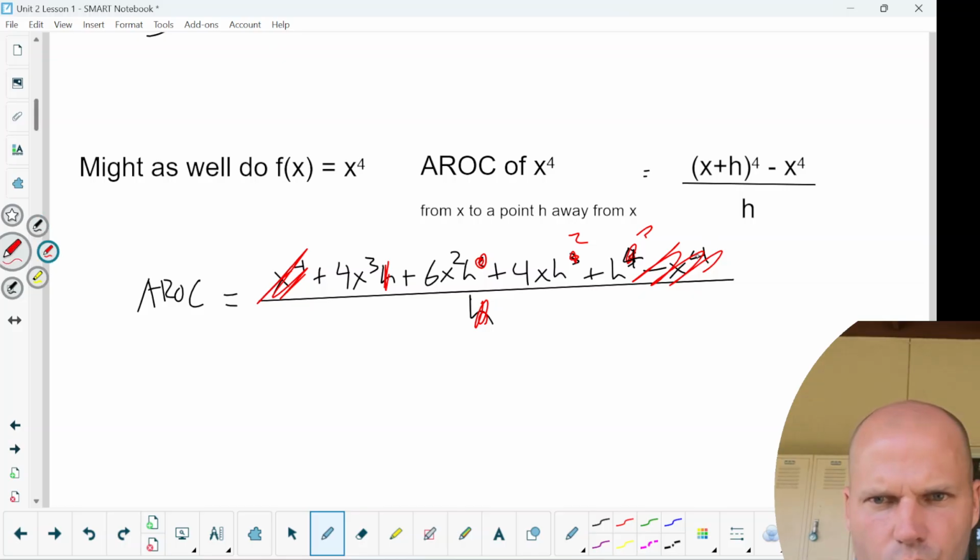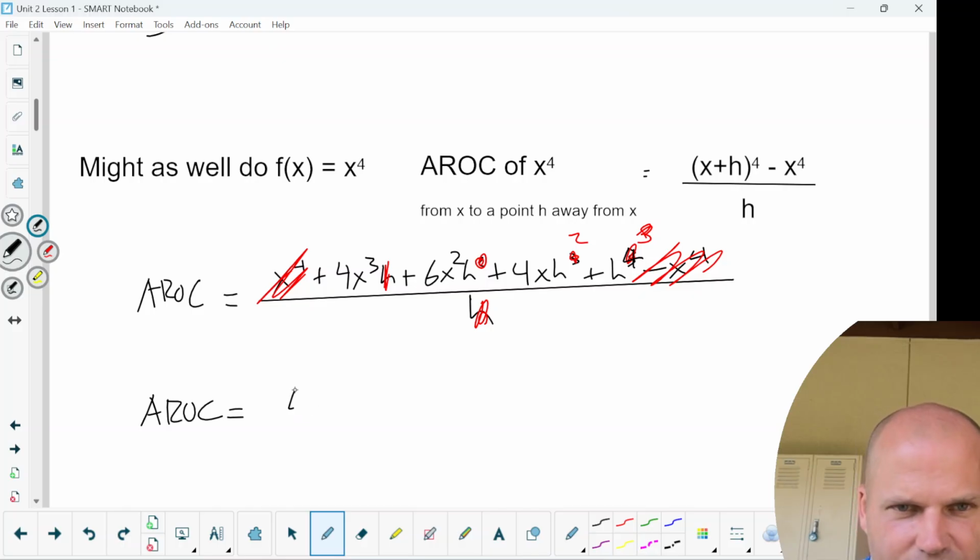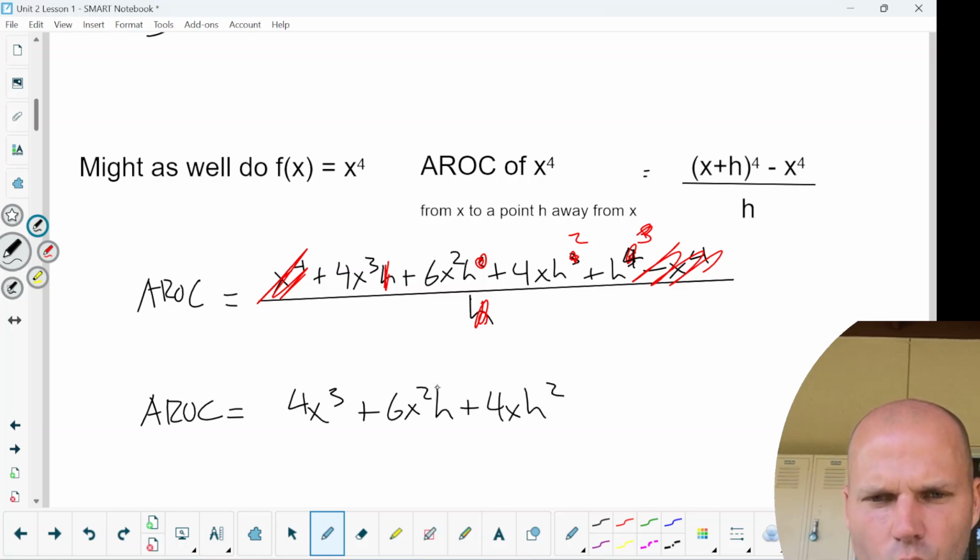Just turned this into a 3. And we would get, and you guys didn't like this. It's like, oh, Mr. Messer, this is annoying. Why would I use this huge equation for an average rate of change? Because I got all of these h's. And it's like, oh, annoying to use.